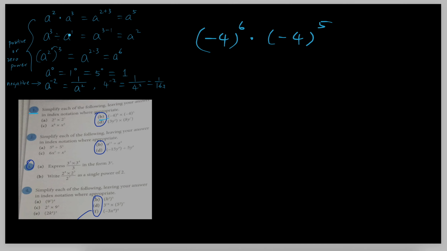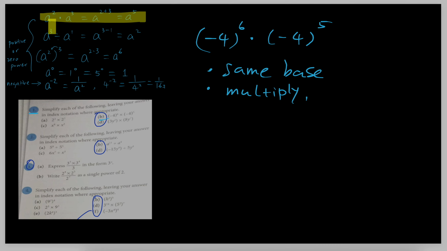If you have the first one, that means you add the power. Basically over here is same base and multiply, so you use the first one. The first one says the power must add together. So therefore the power adds together, so there's negative 4 bracket 11.